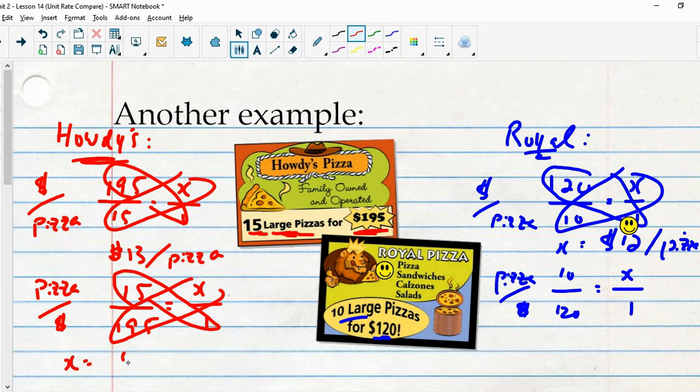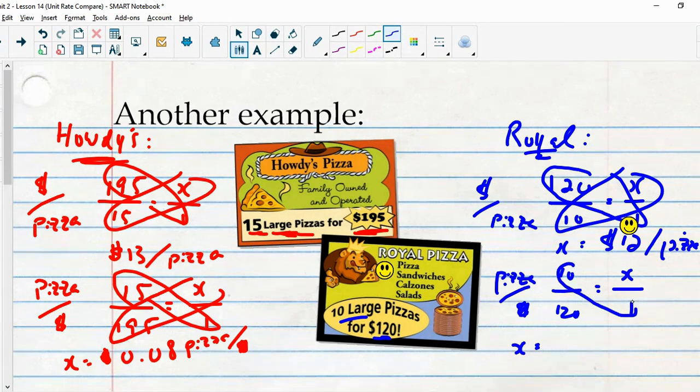What does that mean? 0.08 what? Yeah, pizza for $1. So $1 buys you about 0.08 of a pizza. I know, it's silly. We're going to talk about that in a second.